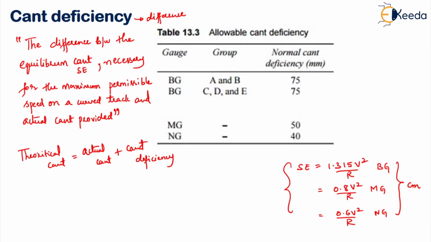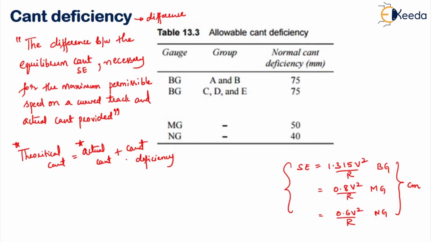So when you calculate with the help of this formula, this is the theoretical cant. But actually we have provided on track something else. So there is a difference in this. This is called your cant deficiency. Hope this particular thing is clear to you, right?